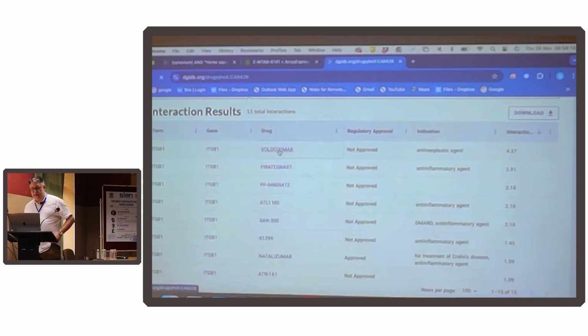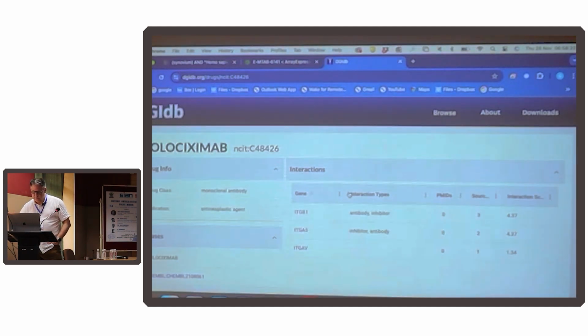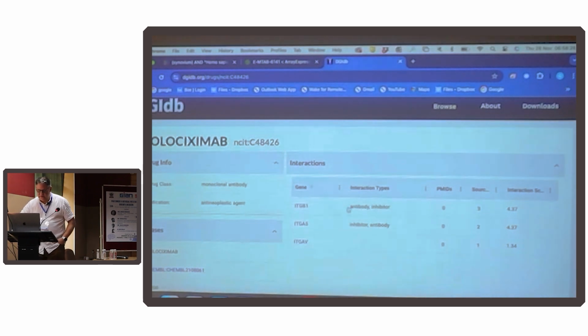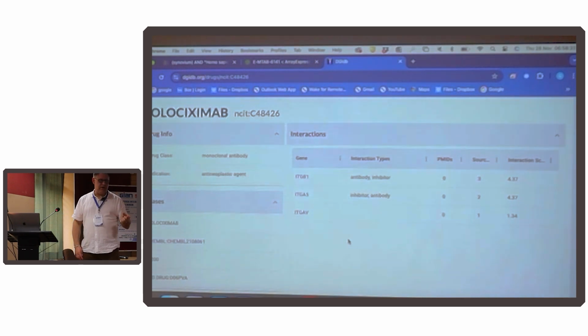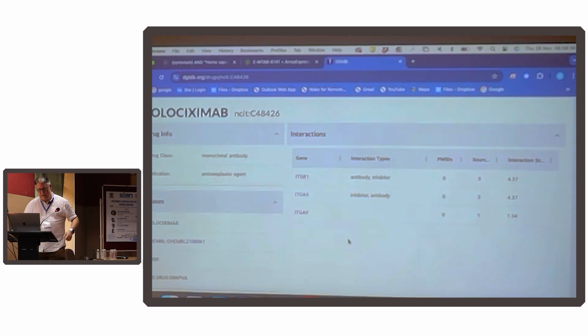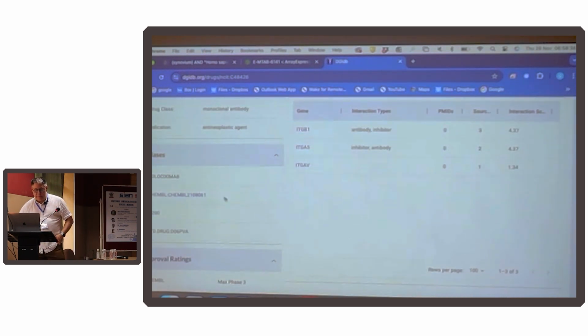So let's see what I can get from that. Volociximab, well, mab at the end of a drug means monoclonal antibody. So volociximab is a monoclonal antibody targeting this biology. It's got a ChEMBL identity.